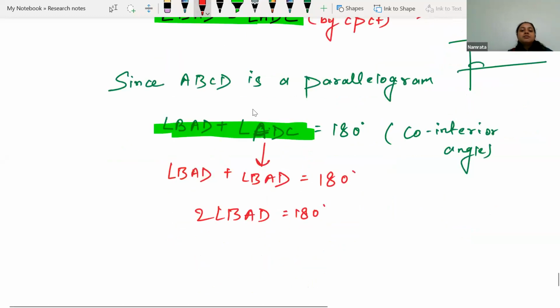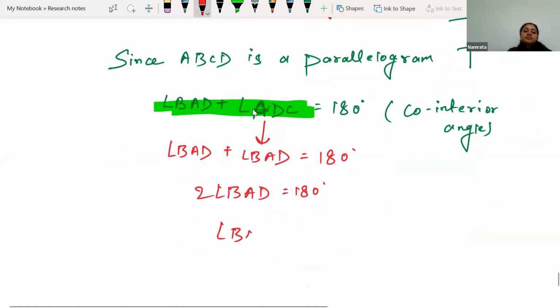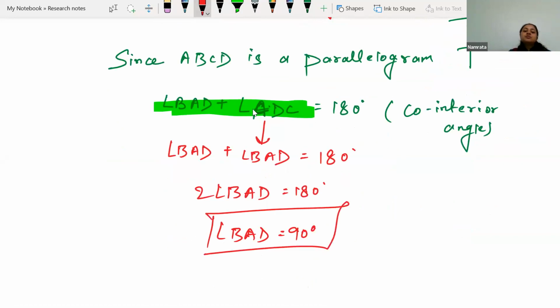Therefore angle BAD is 90 degrees. That's what we wanted to prove, that each interior angle is 90 degrees, hence it's a rectangle. So we ended up proving that parallelogram ABCD is a rectangle.